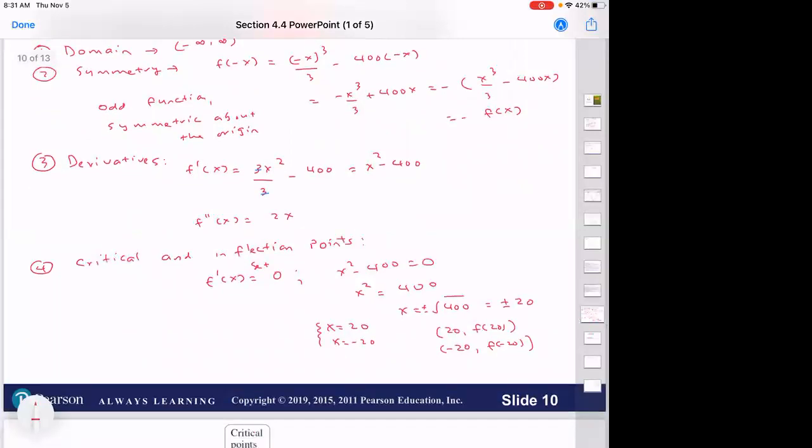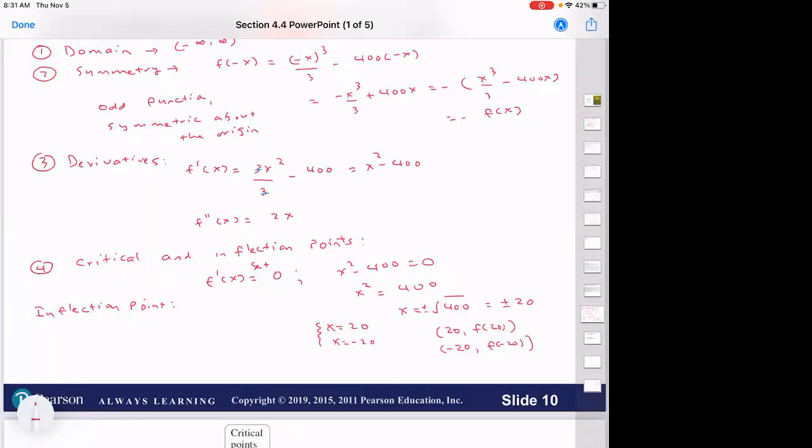Okay, critical points. Then inflection points. Possible inflection points. That may not be an inflection point, but it is a possible inflection point.